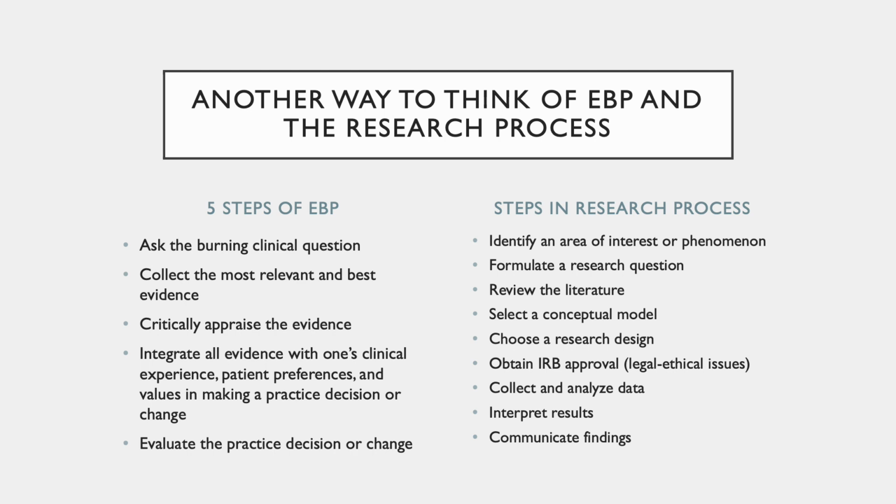Sometimes this will be in the same population and sometimes in a different one. You select the conceptual model you want to use. You choose a research design. You obtain IRB approval. You collect and analyze the data, interpret results, and communicate the findings.